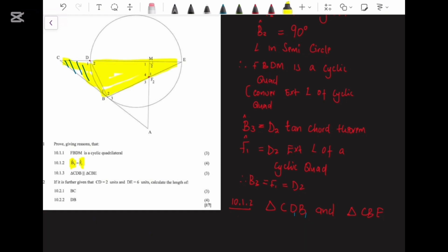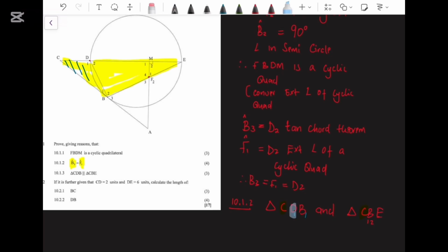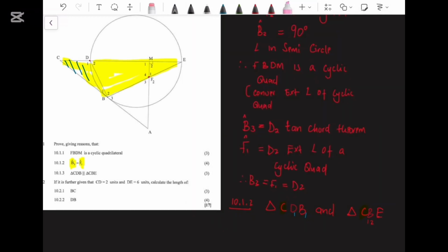They are talking about C, the entire C, B1 and B2, and the entire E. Now, since the triangles are given, angle C must be equal to angle C. Angle D1 must be equal to angle B1 plus B2. And then angle B1 must be equal to angle E, in that order.